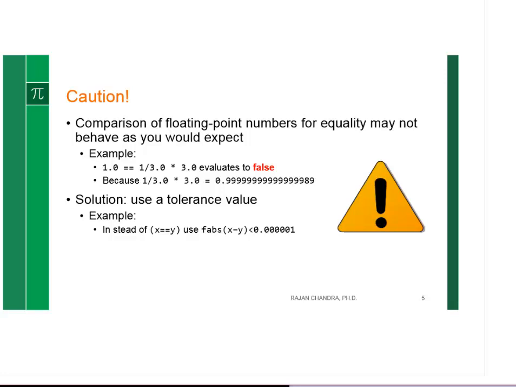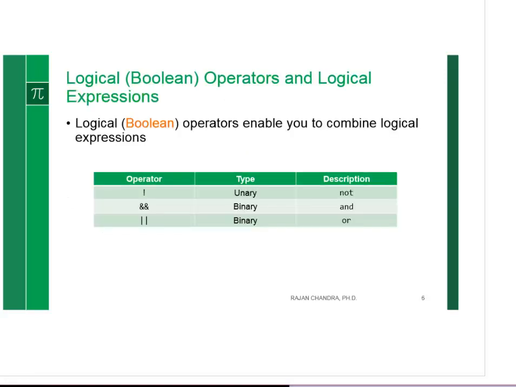Therefore, this evaluation will not produce the true result, rather it will produce a false result. So one has to be aware of the finite number representation, or number representation using a finite number of bits.